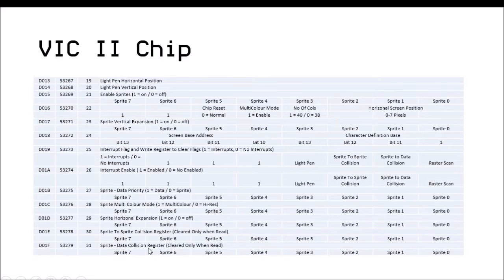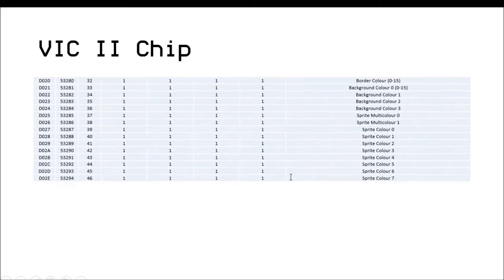No, sprite to data collision. Here we go, 53279. And so a 1 will appear in each of these bits for the sprite that's doing it. So we're using sprite 1. So bit 1 should have a 1 or a 0 in it. So we are going to be testing 53279 to see if it's set.